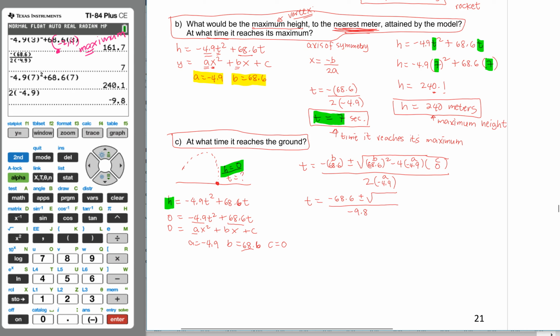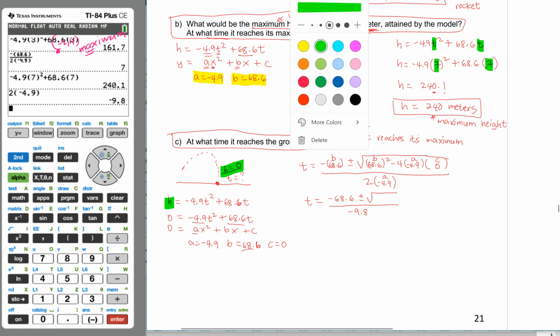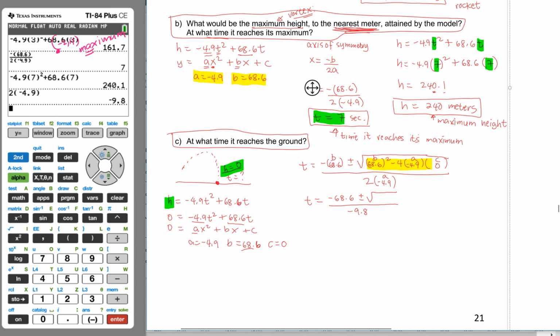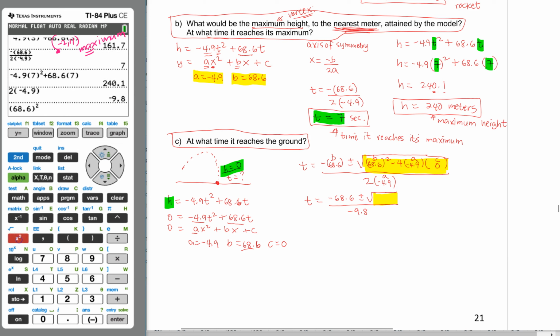Again, do the one inside the square root first. So let's do that one: parenthesis 68.6 squared minus 4 times negative 4.9 times 0, press enter.